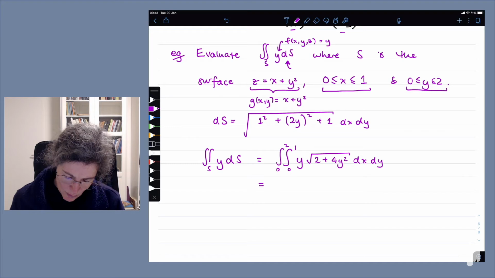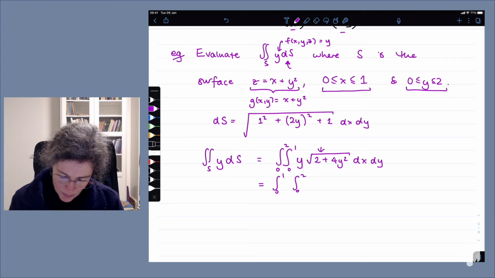I'm probably going to do y first, so do a switch around. And you could take out a root 2 from the square root, so that you'd get dx root 2 and integrate y times the square root of 1 plus 2y squared.